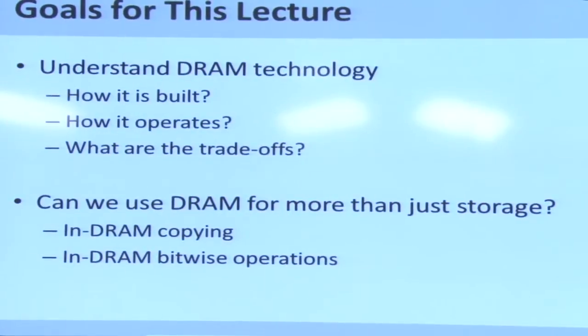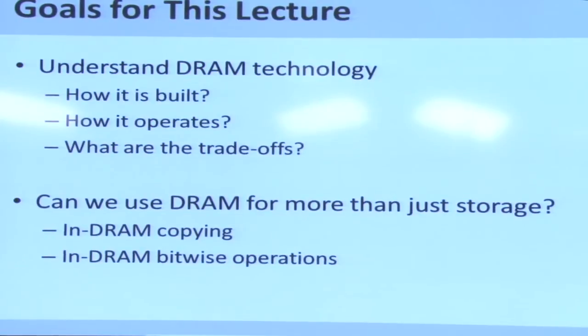So there you go. Okay. So we have two goals for this lecture, as I have listed in the slide. The first goal is to understand DRAM technology, which is the predominant substrate used for building main memory these days. So we'll look at how DRAM is built, how it operates, and also we'll look at some trade-offs that are involved in DRAM design.